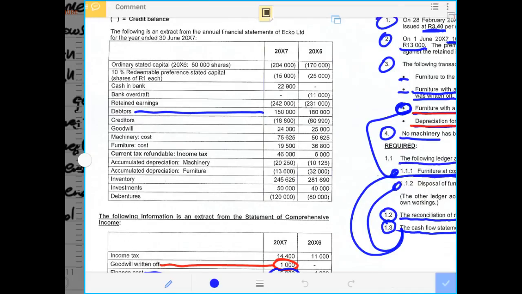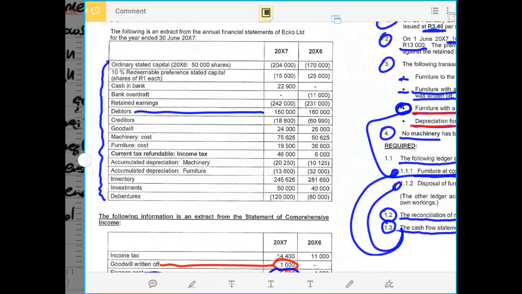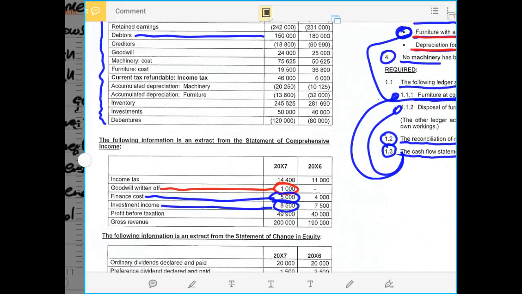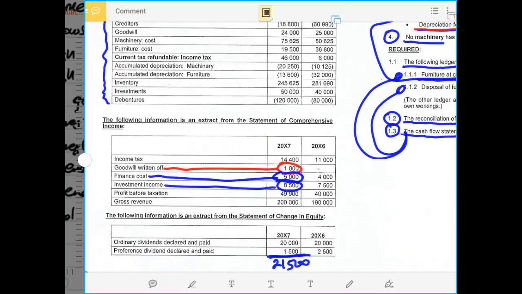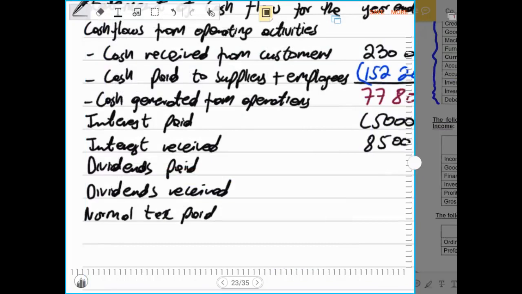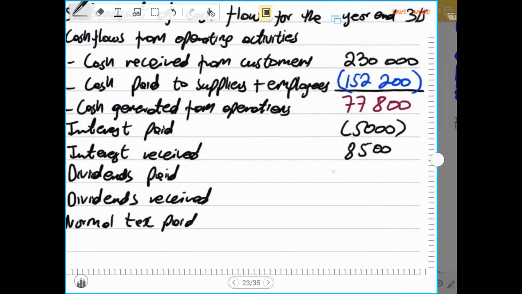We look down in the balance sheet and see that there are no shareholders for dividends. If there were, we would first take the opening balance, add what was declared in the current year, and subtract the closing balance to determine the amount that was paid in the current year. So in this case, we have 21,500 as dividends that were declared and paid. So dividends paid will be 21,500 rands.